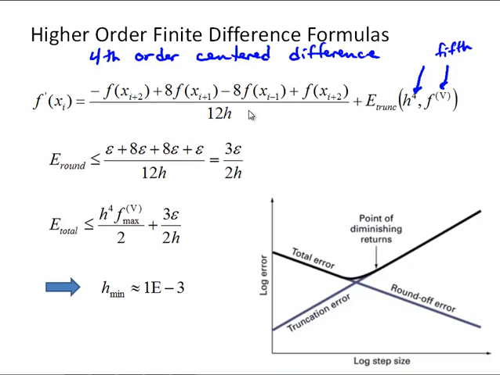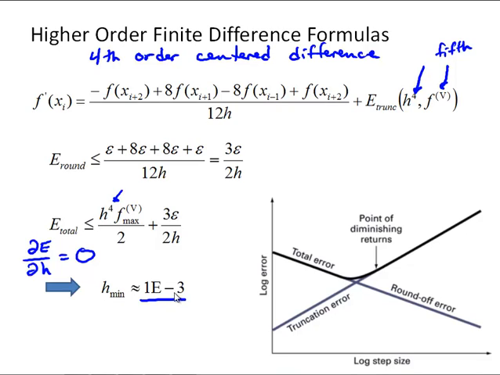So our total error changes primarily with this h to the fourth. We can go through the same thing that we did before: take dE/dh, set that equal to 0, and that gives us an h min, again just using 1 for the fifth derivative, of 1 times 10 to the minus 3.